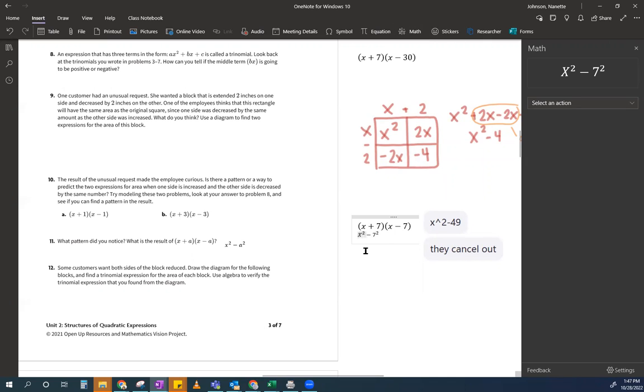I know that looks weird, x squared minus 7 squared. Why wouldn't you just put 49? Because I want you to be able to look at it like this. Do you see x squared minus a squared and x squared minus 7 squared? Same thing. Very, very good. So maybe this is one of those shortcuts that you can use. Okay.